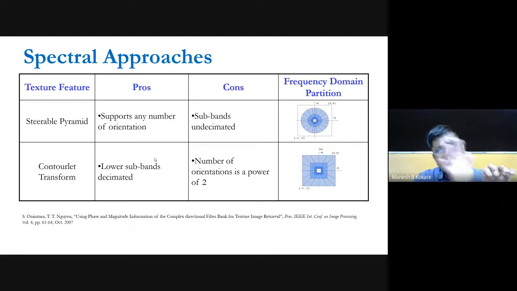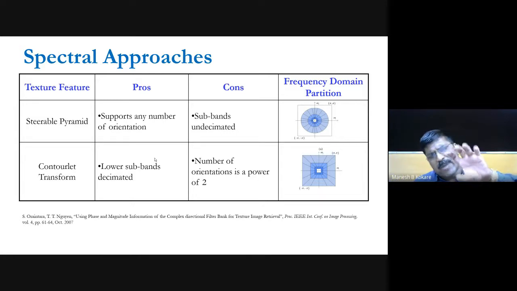Your original image is decomposed using the wavelet transform for one level. After one level you get four subbands: LL, LH, HL, and HH. Again, in a pyramidal structure, you can decompose the LL subband further, so you get four more subbands: LL2, LH2, HL2, and HH2.